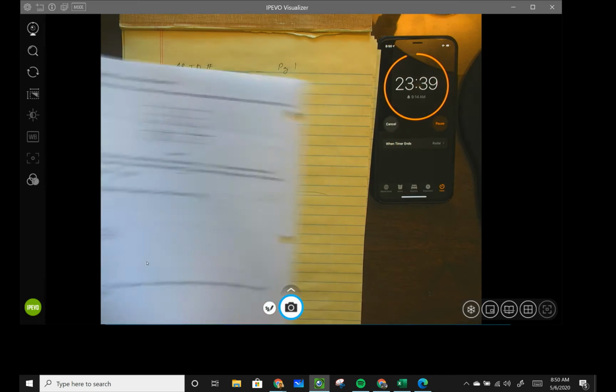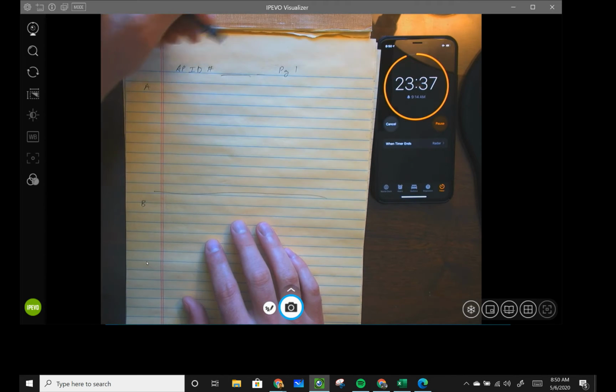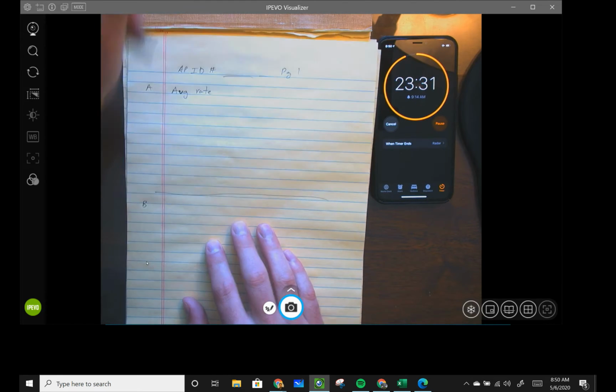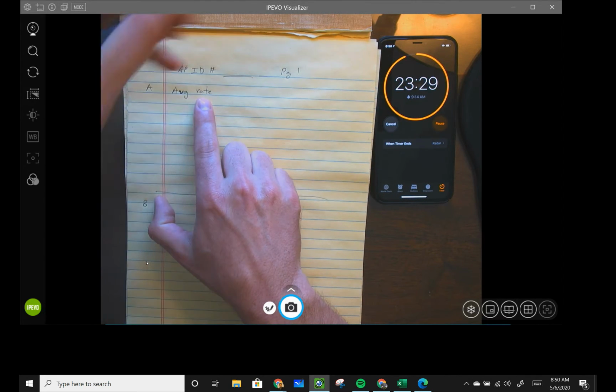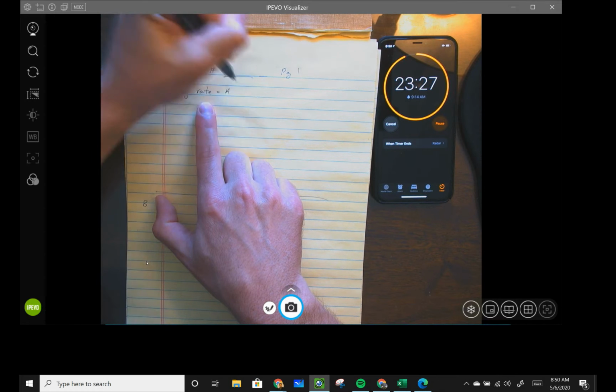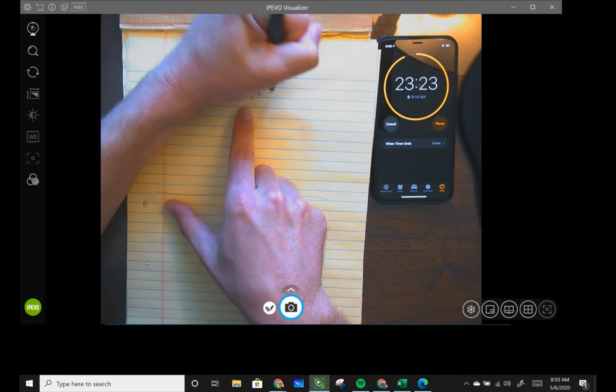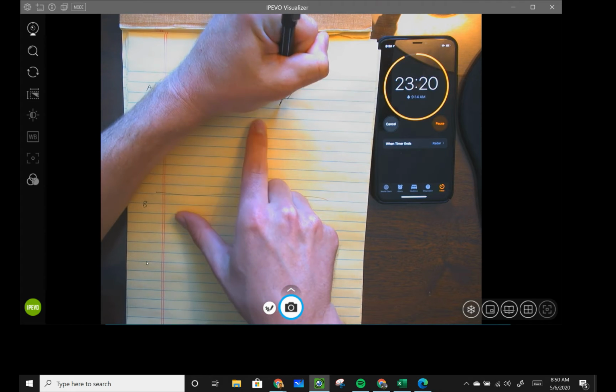A, find the average rate. Average rate, not average value. Okay, right? So average rate is like an average slope. So let's just do change in y over change in x over the interval.